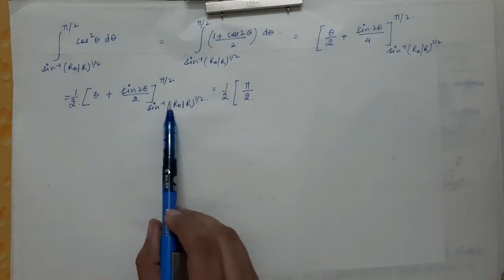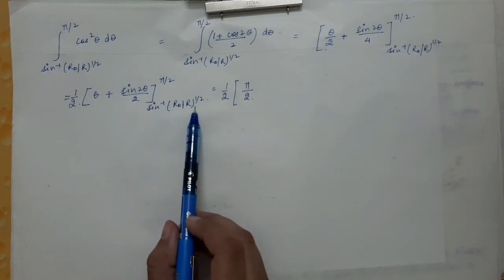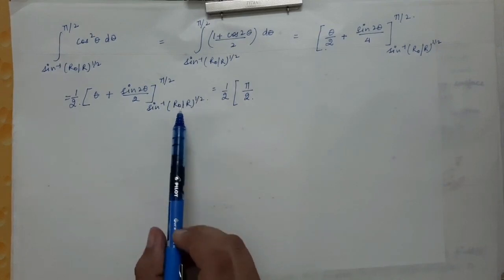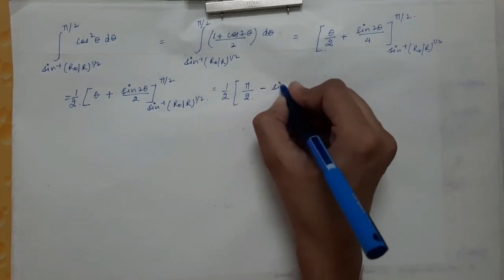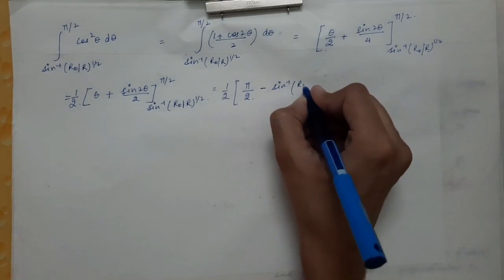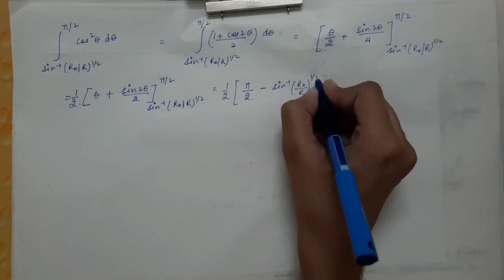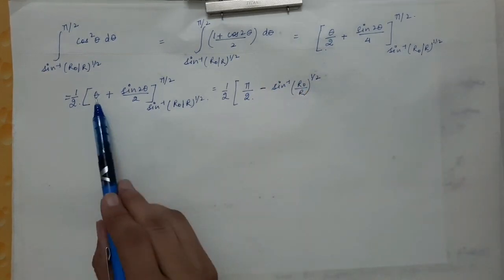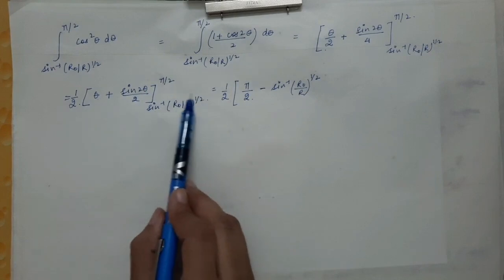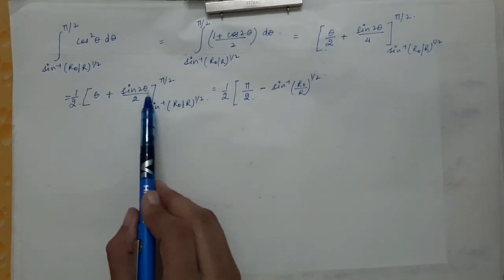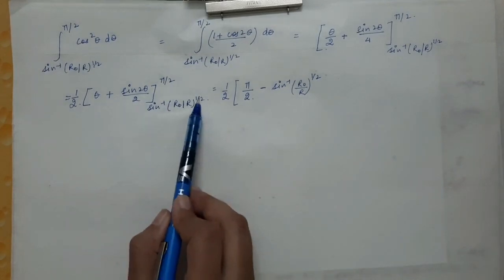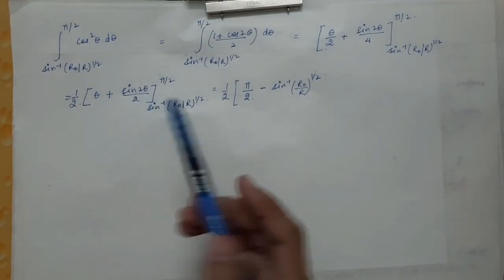Instead of theta you will put sine inverse of (r naught by r) power 1 by 2. So on putting this value you will get minus of sine inverse of (r naught divided by r) power 1 by 2. So first of all you have put this term instead of theta with the minus sign, and then you will put this term instead of theta in the second term.